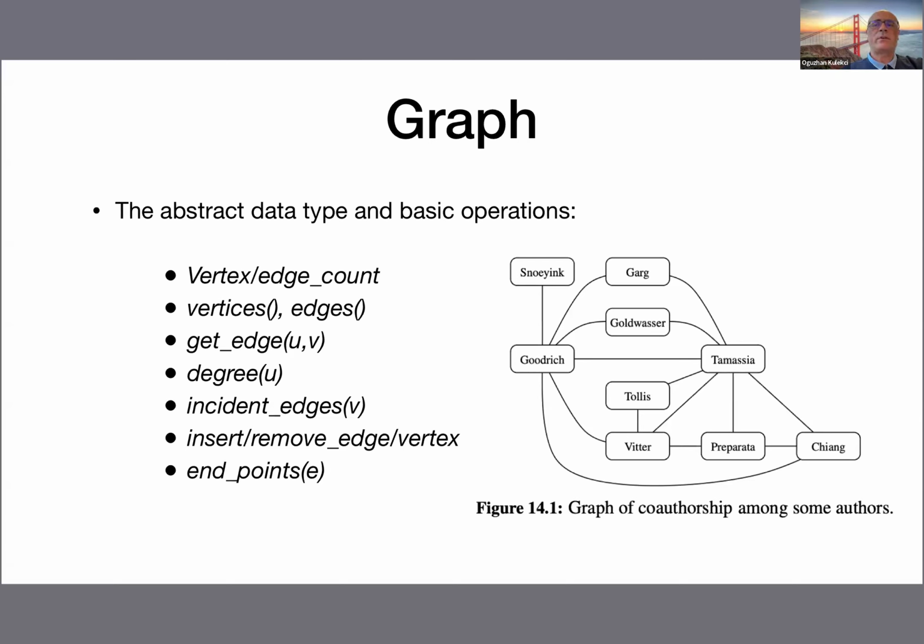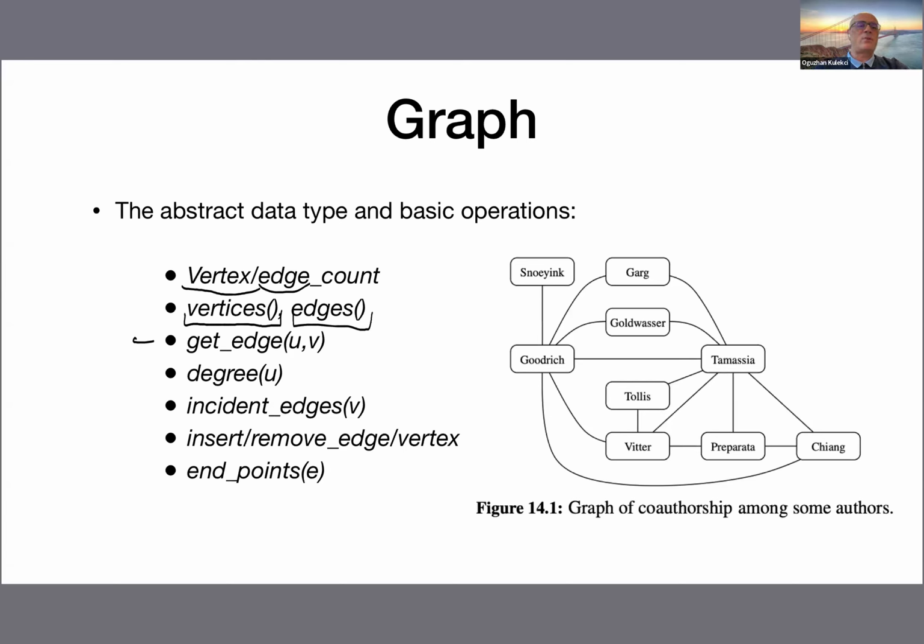That's what we call the abstract data type of a graph. What would I like to know when I have a graph? What is the number of vertices? What is the number of edges? It would be nice to have those counts ready. I would like to iterate over all vertices in this graph, or all edges in this graph. So it needs iteration through the vertices and edges.